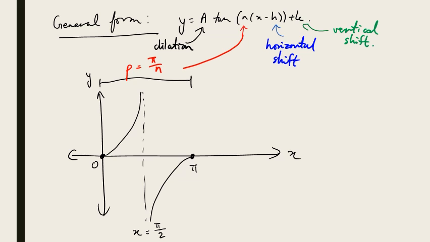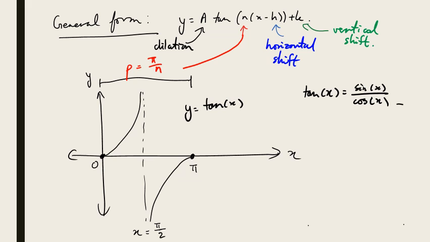Now you might notice that in a tangent graph, so this graph that I have here is tan of x, there's actually an asymptote. Remember, tan of x is equal to sine of x over cos of x.